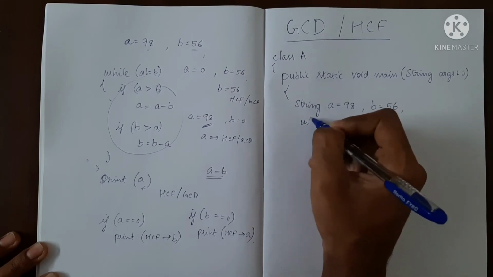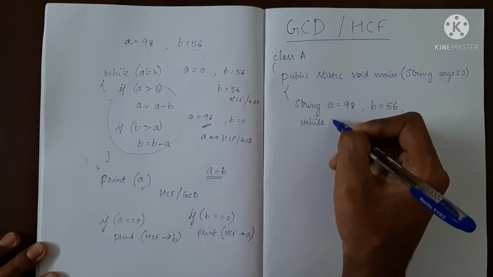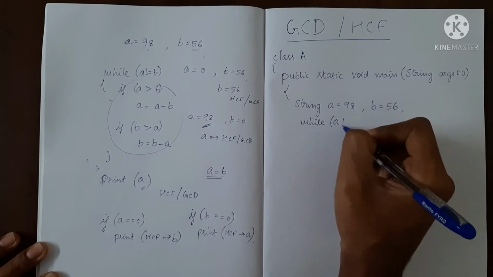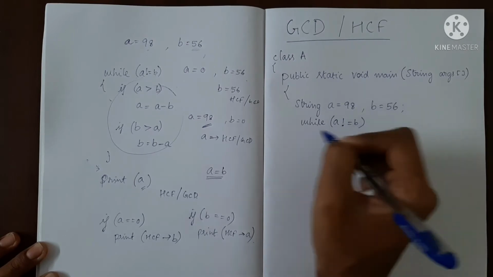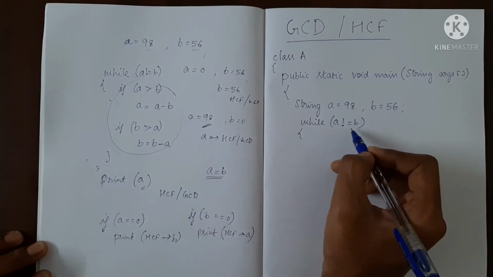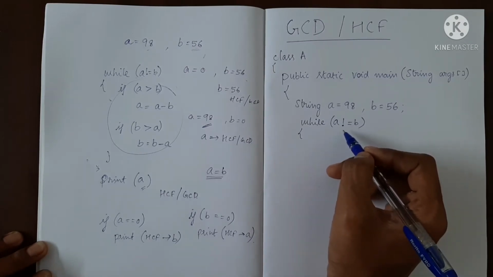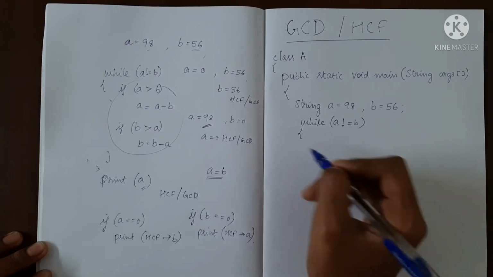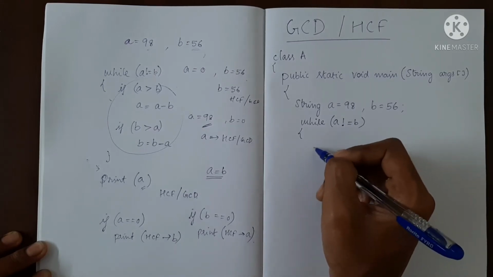So we have to run a while loop till A and B become equal. When they become equal, this loop should not run. So if A and B are not equal, we will be entering the loop.